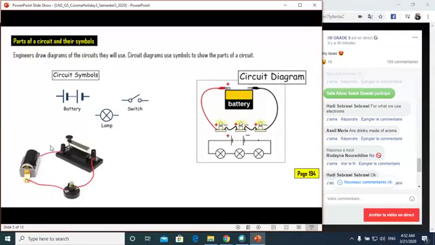Okay, in here, do you have a paper in front of you? Who knows how to draw this circuit? How can we draw it? It consists of a battery, wires, a light bulb, and a switch.